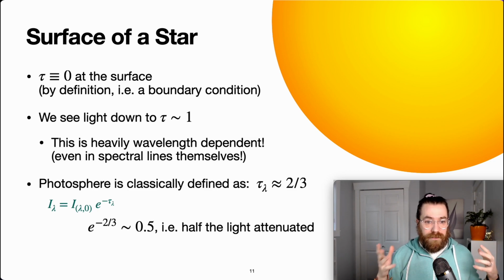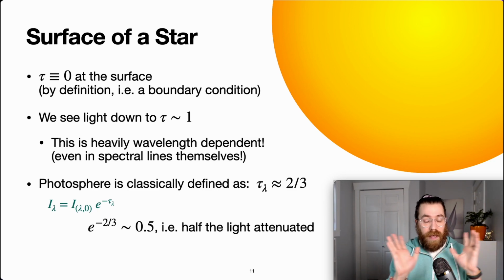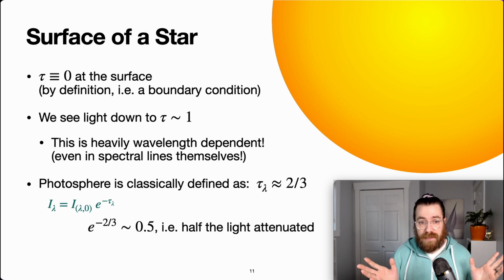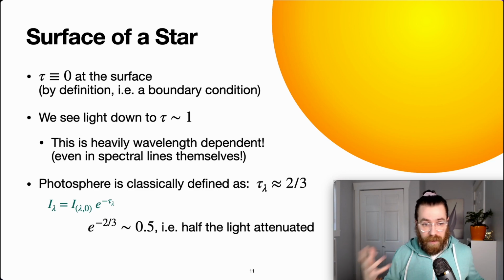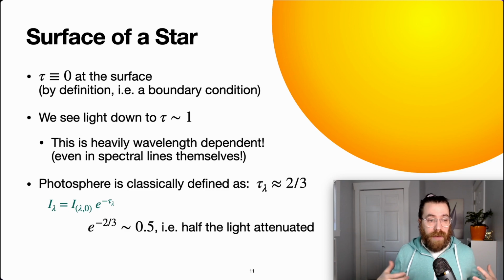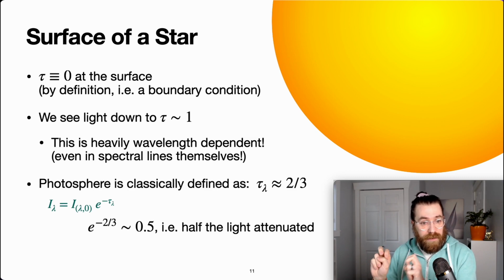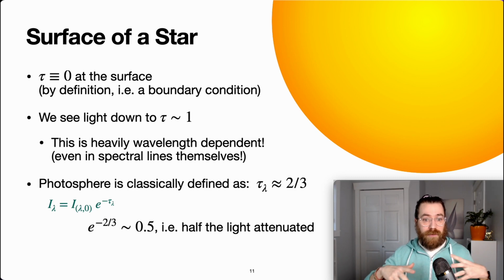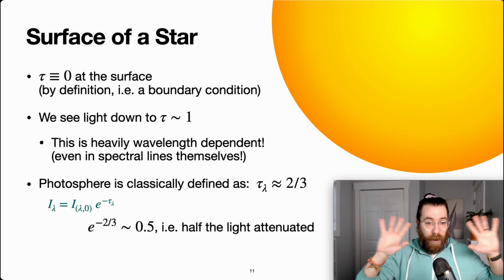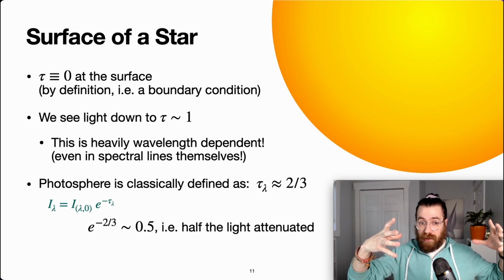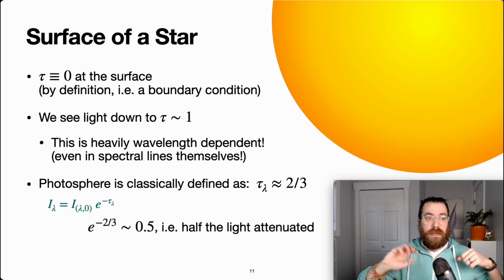And that's why we have to define a radius. At some point you have to measure the radius of this thing and define it. And so, ergo, we use this definition of optical depth. So optical depth by construction, the boundary condition is there is nothing to absorb the photons at the ultimate surface. So at the surface, optical depth should be 0. Outside the star, at the boundary outside the star, the optical depth is 0.